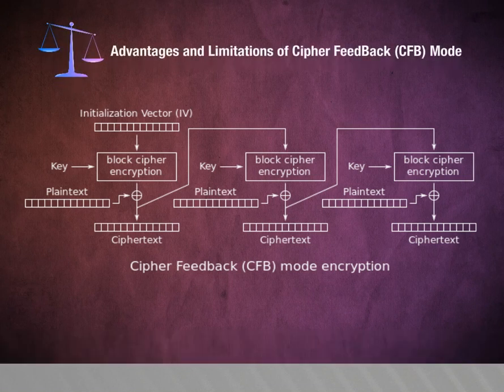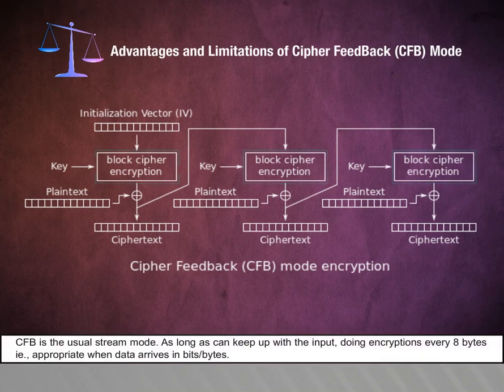Advantages and limitations of cipher feedback mode, CFB mode. CFB is the usual stream mode as long as it can keep up with the input, doing encryptions every 8 bits, which is appropriate when data arrives in bits or bytes.